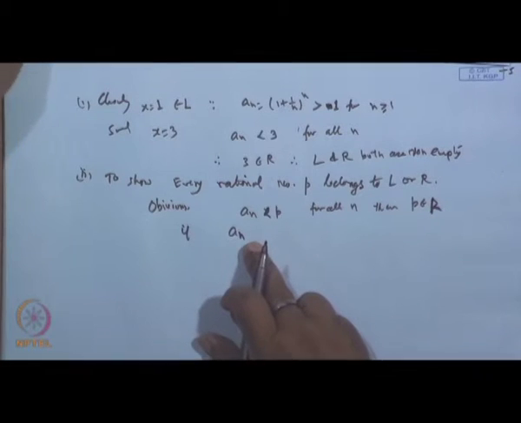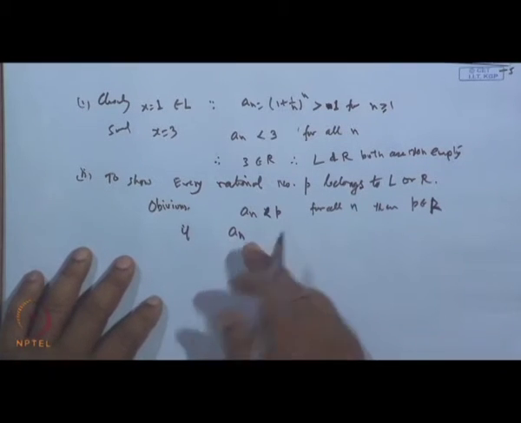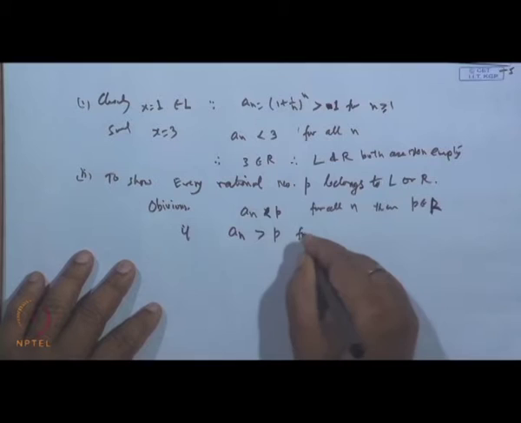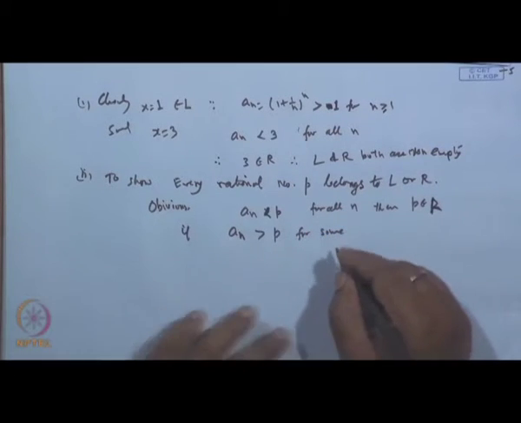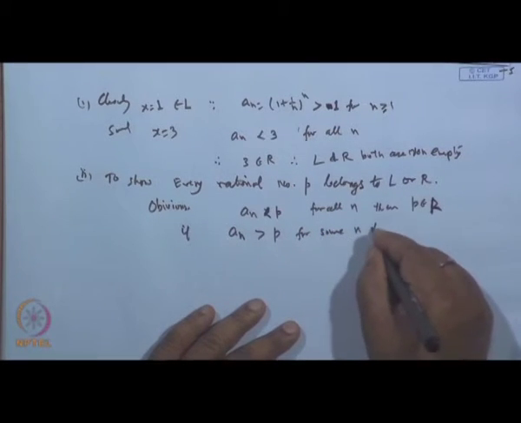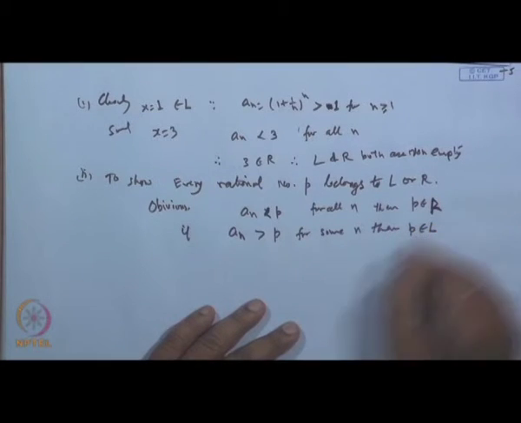And if a_n is greater than p for some n, then this p belongs to the lower class.